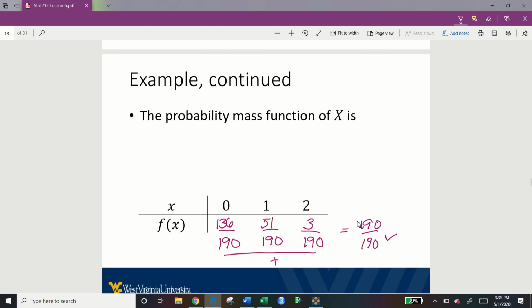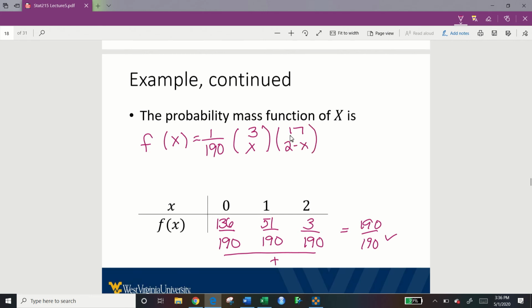Another way to have done this was to create a formula. The formula in this case would be f of x equals 1 over 190 multiplied by 3 choose x multiplied by 17 choose 2 minus x.